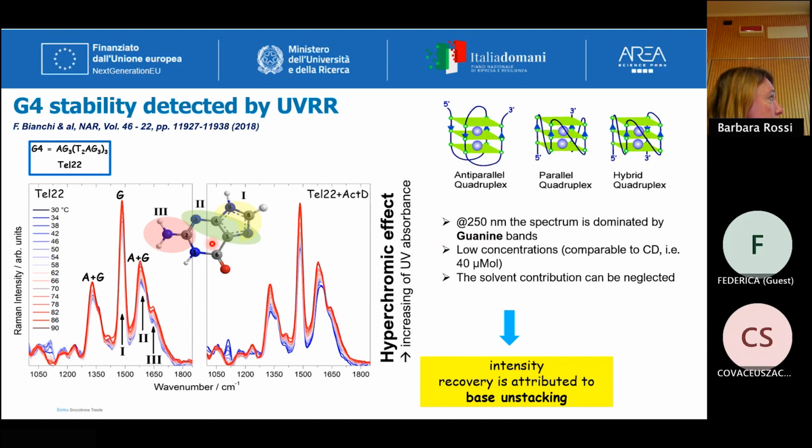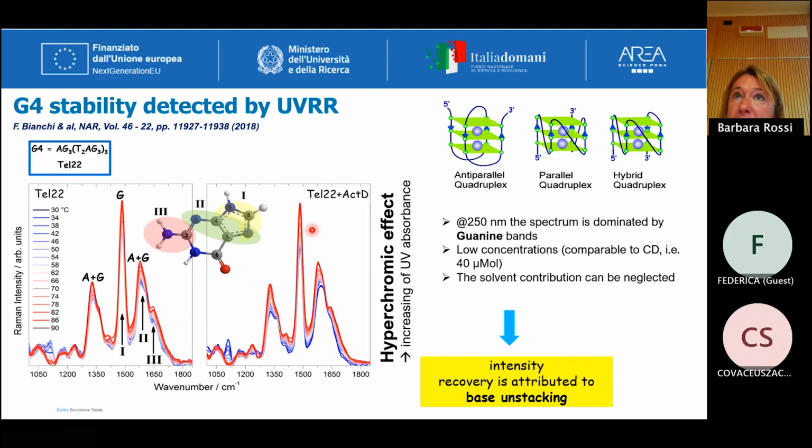In this case, we use for this experiment an excitation wavelength in close resonance with the guanine nucleobases. And so we are able to enhance in the spectra the contribution of the vibrational bands mainly associated to the guanine nucleobases.